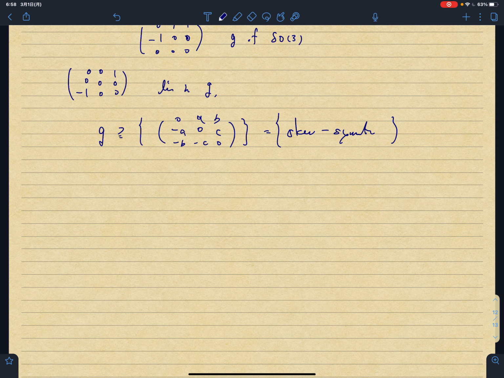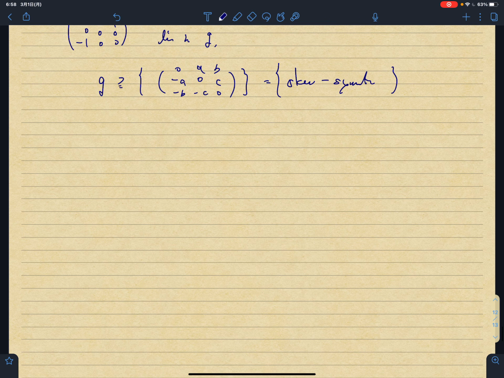In fact, special orthogonal 3 dimension skew symmetric. Using curves involving cosine, we see equality holds in this inclusion.